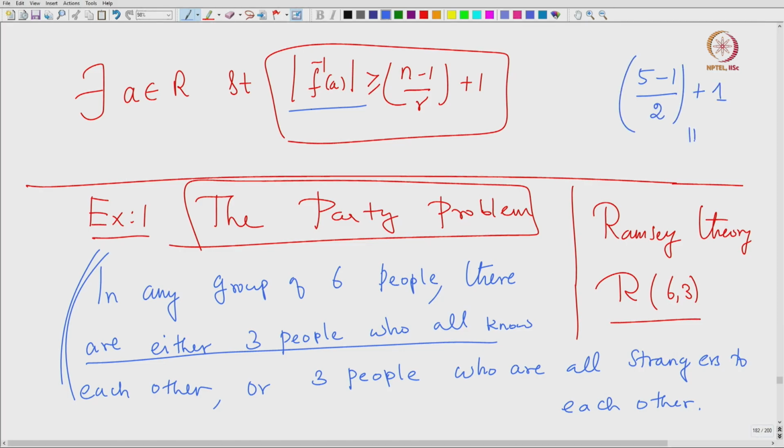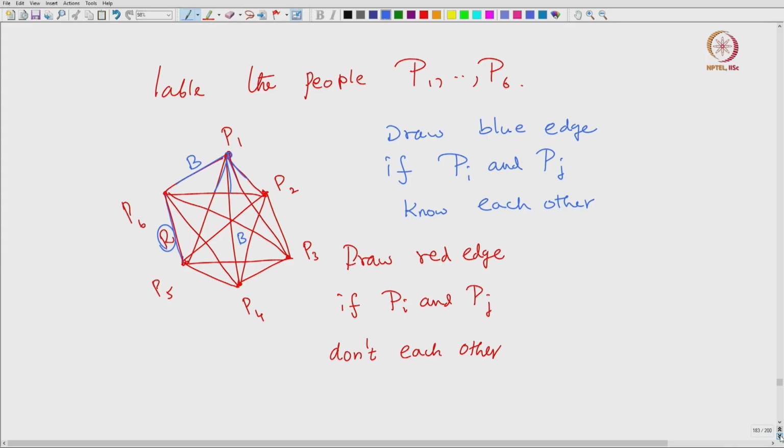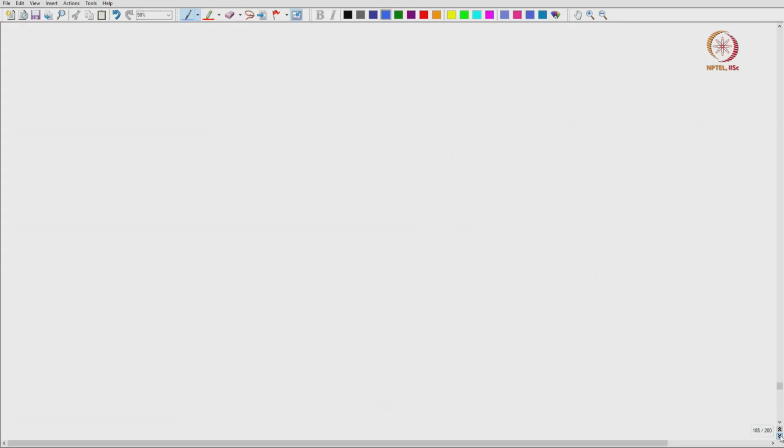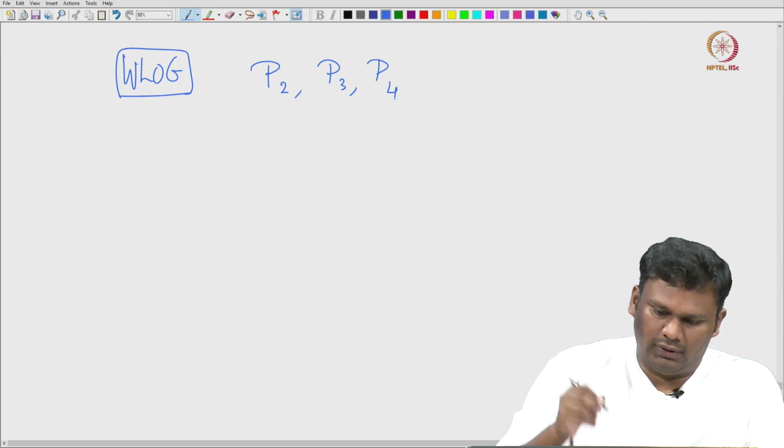So, which is exactly 2 plus 1, which is 3. So, at least one pre-image must have 3 elements. So, we can use this argument and then say that without loss of generality, we relabel them so that we can call them as P2, P3 and P4.